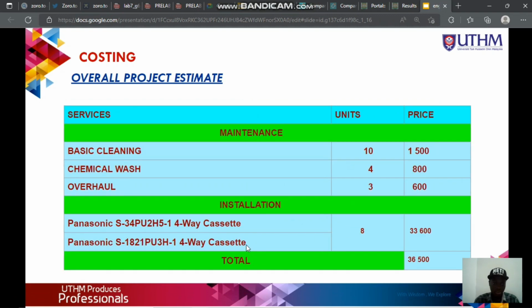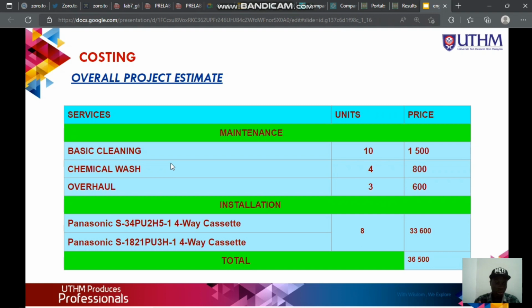The next part is the overall project estimate, I mean the total estimate of the costing, for both of our services, the maintenance and the installation. For the basic cleaning, 10 units of air conditioners that we clean cost around 1,500 ringgit, while the chemical wash per 4 units, washing 4 air conditioners, will cost 800 ringgit.